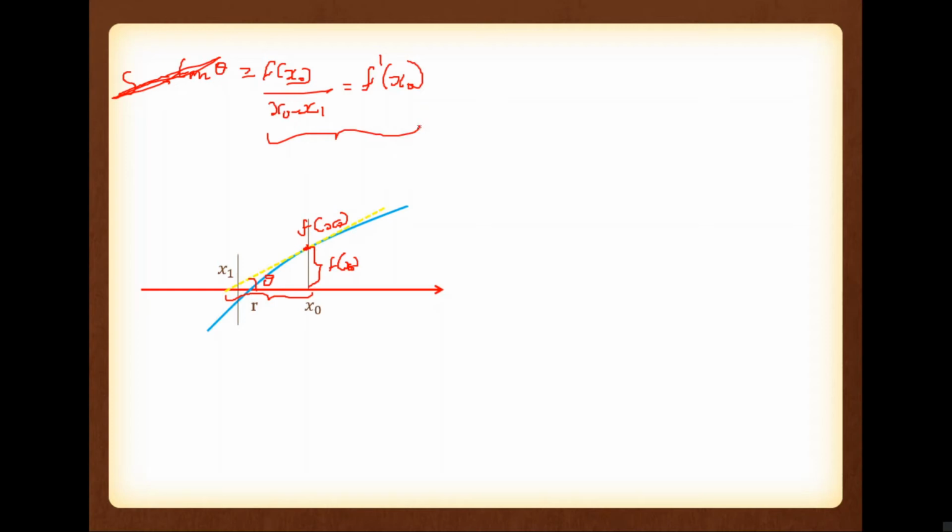So please note f dash of x0 is equal to f of x0 divided by x0 minus x1. By using the triangular method, we have tan theta is equal to f of x0 divided by x0 minus x1, that is nothing but the slope, that is equal to f dash of x0.